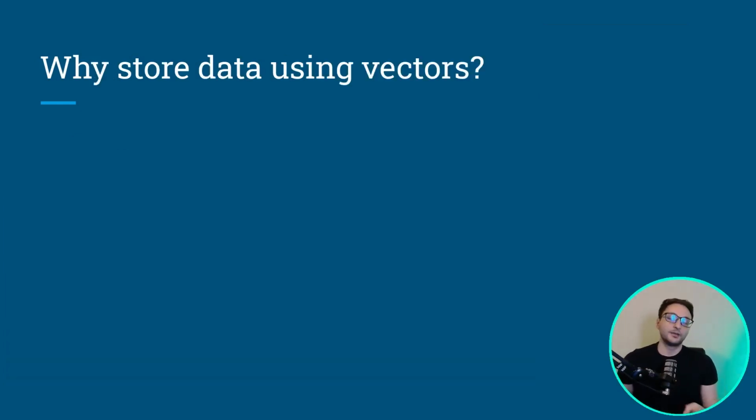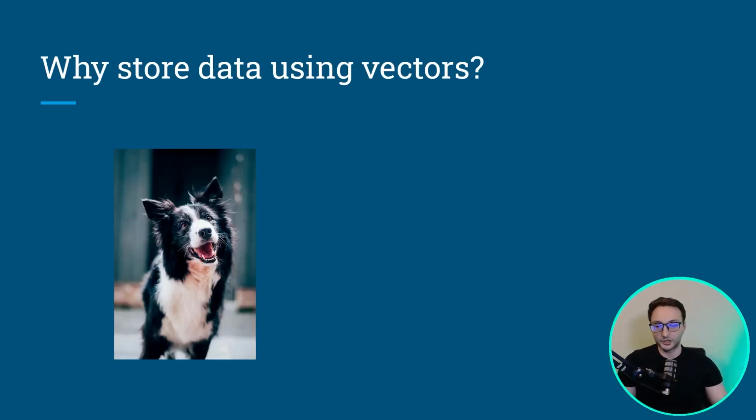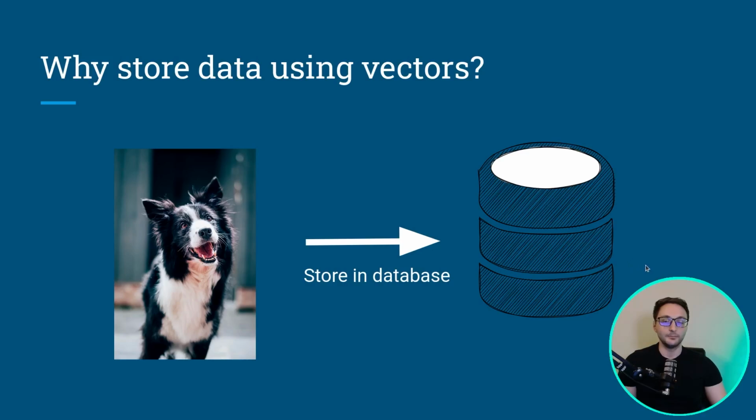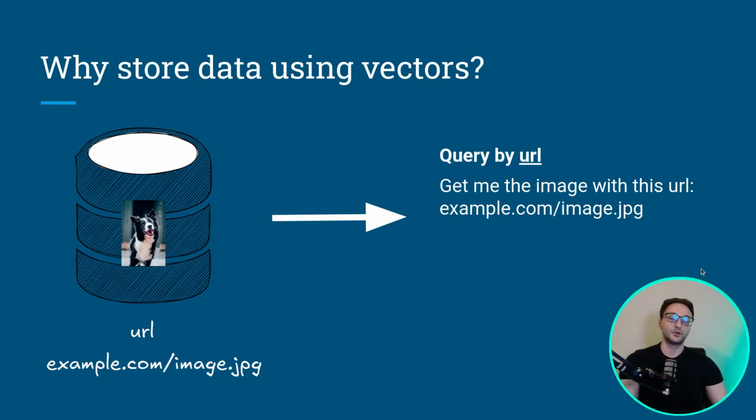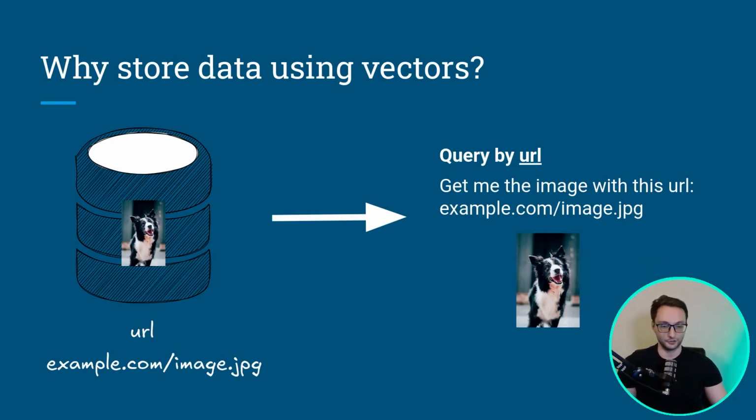Now, why would you do that? Why does it make sense to store data in vector representation? To give you an example, let's say you are storing this image in a database. Normally, if we are not talking about vectors, you are going to store this image by the URL. What I mean by that is that if you store the image by the URL, you will query it by the URL. So if you want to get the image, you need to query it by the URL, and that will retrieve the image.